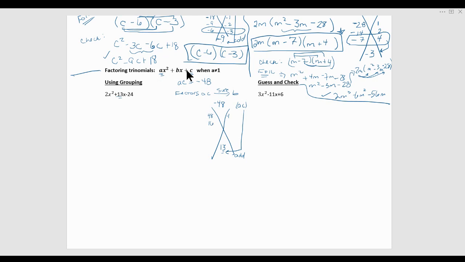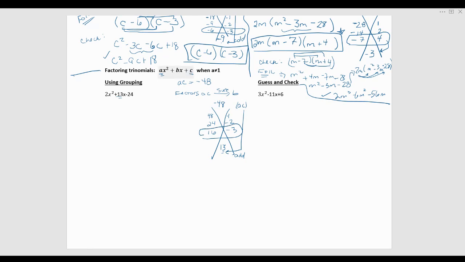Let's do a negative 2 times 24. That does not add up to give me a 13. If I do a negative 3 times 16, which is a factor of 48, that indeed does add up to give me a positive 13. So I'm going to take these factors.